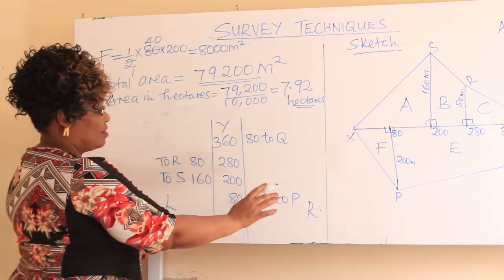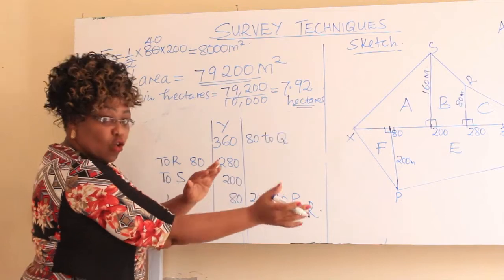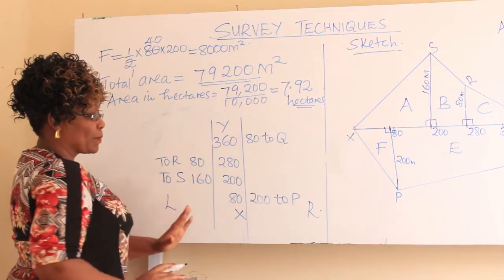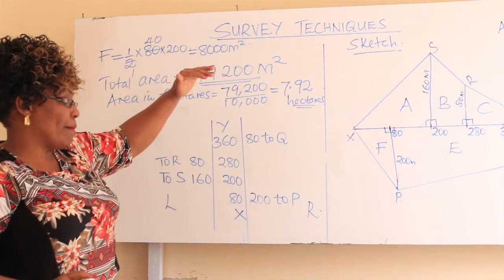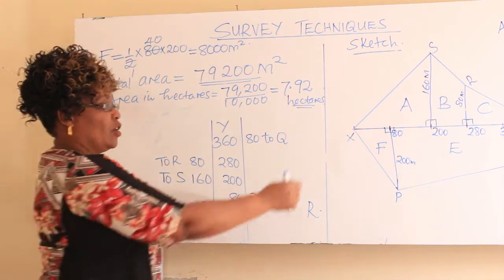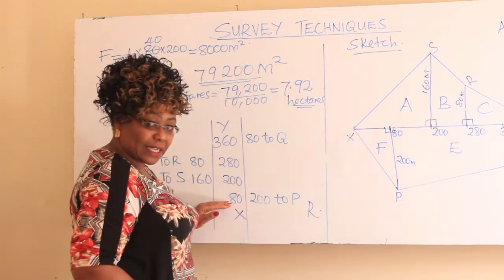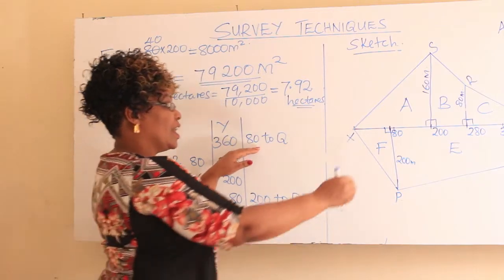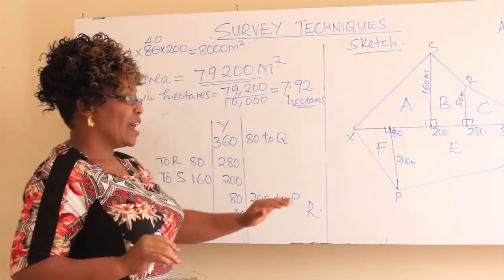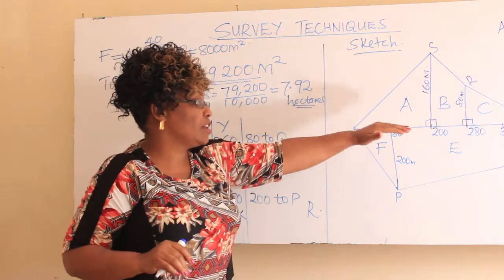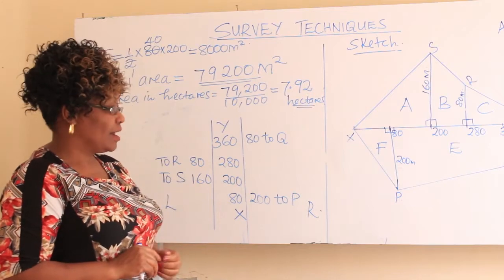So then these offsets go below the baseline, and these ones go above. So at 80, you come and fix your baseline, at 360, come and fix your baseline. And those offsets are perpendicular to the baseline.